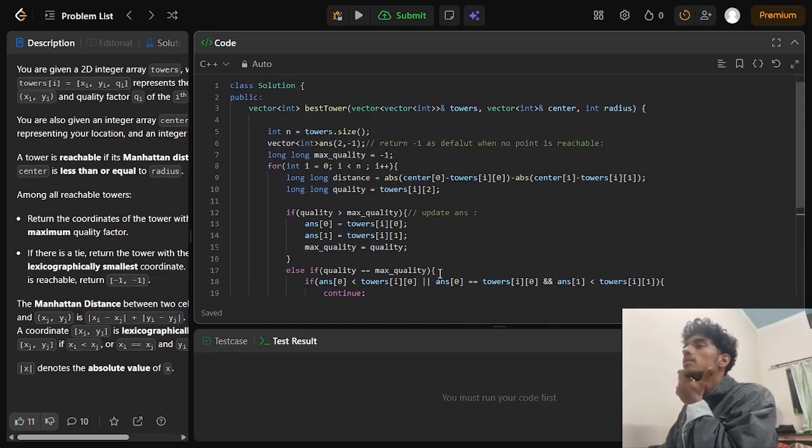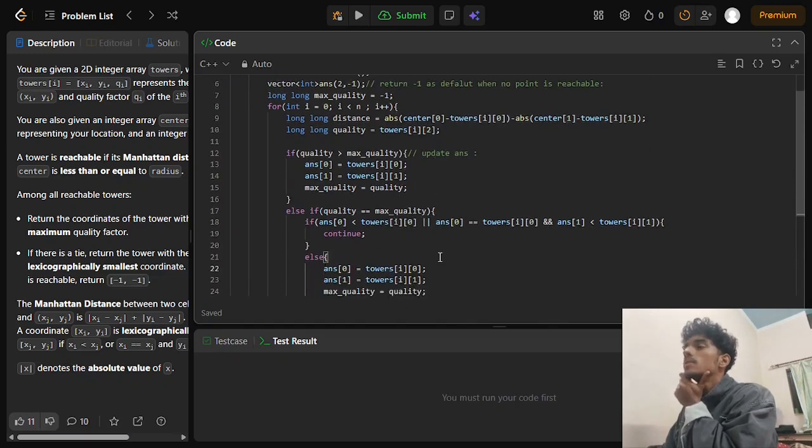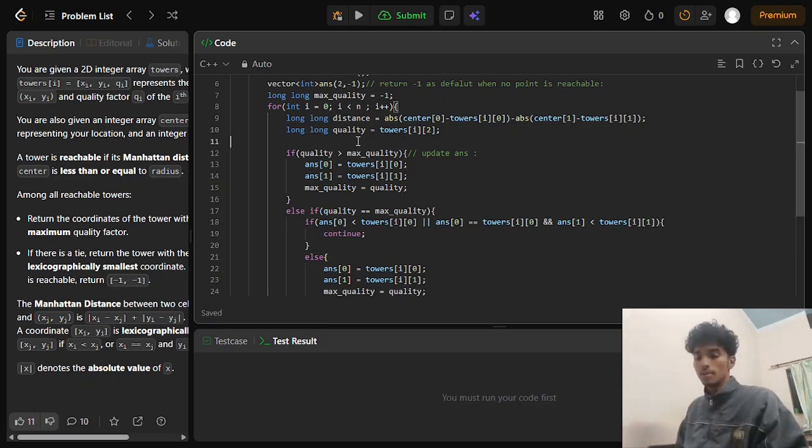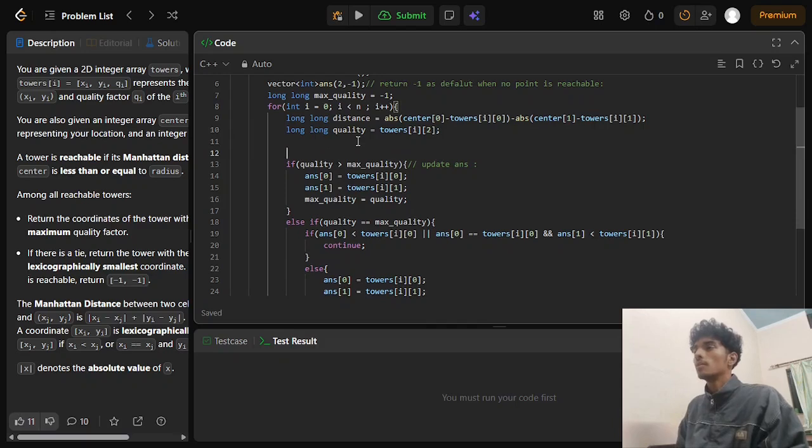Let me check the solution. We can have another check so that our time complexity is decreased a bit.